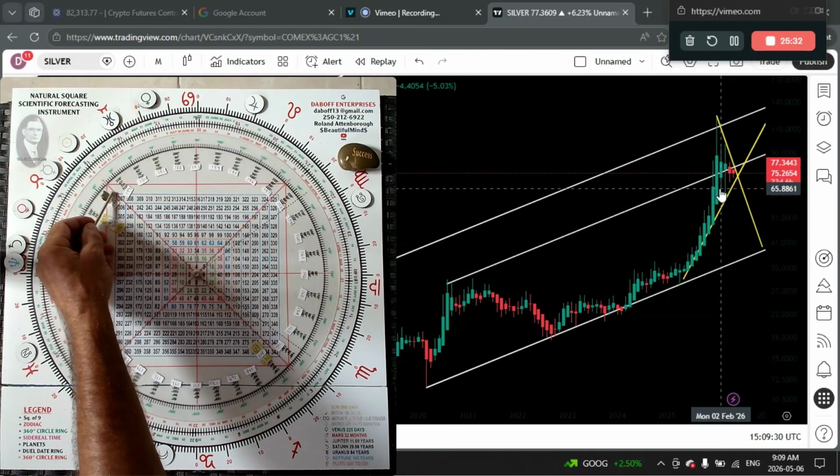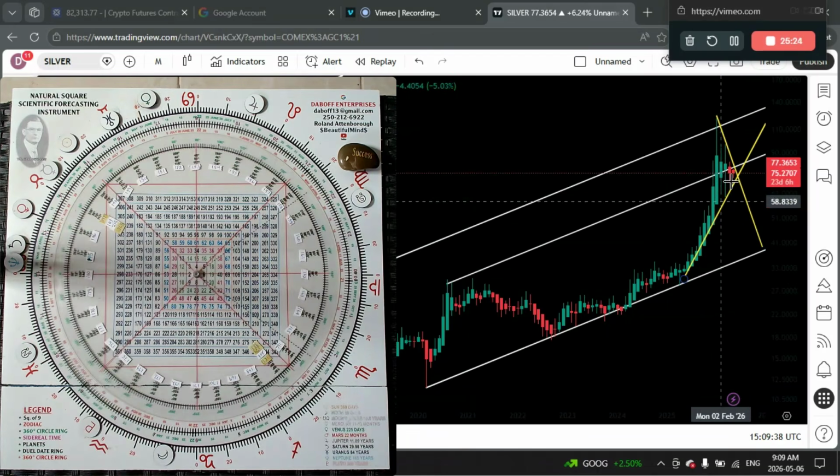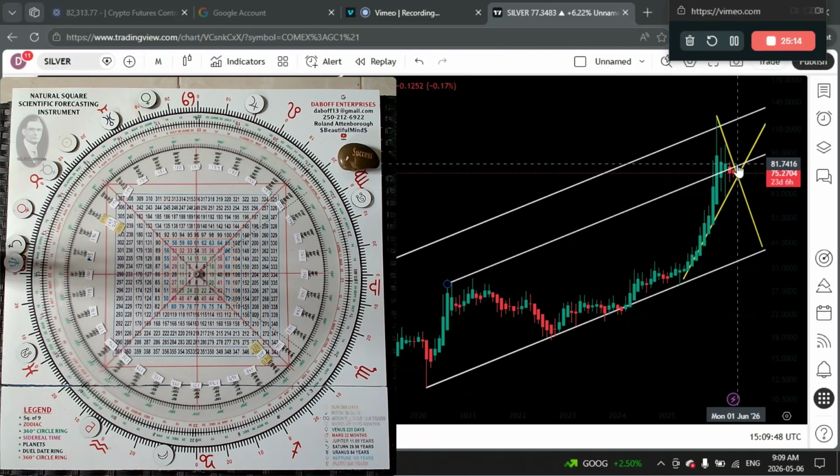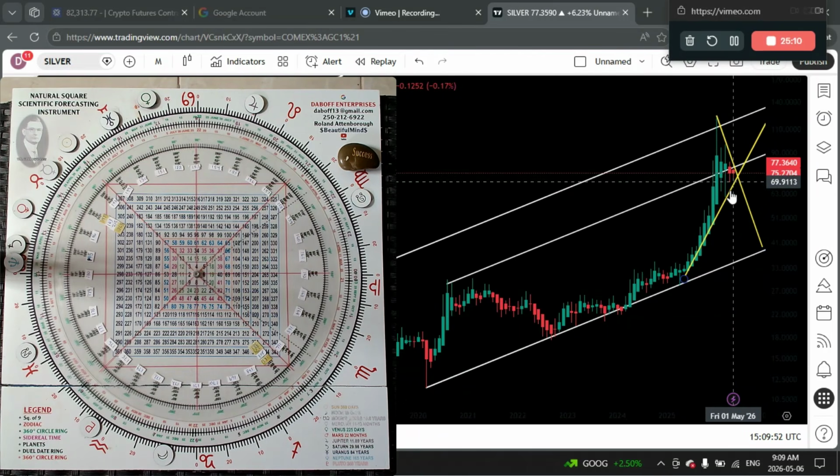So we're just sitting perfectly right here, and I have two crossed yellow trend lines, and where they cross here looks like June. Looks like there's a lot of energy that's going to be released in this angle as they cross each other here.